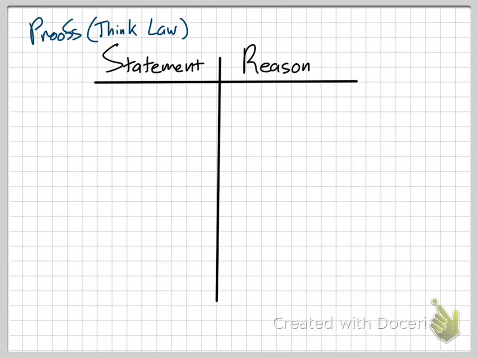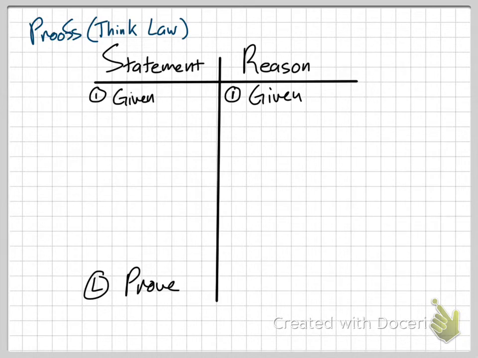We will always start off a two-column proof with our given information, and I'll go into more detail when we get to some examples. So we'll always start out with given, and our last piece of information is always going to be the prove step.